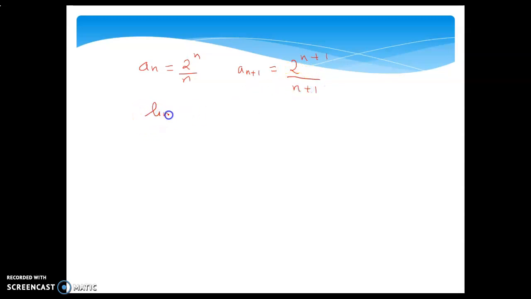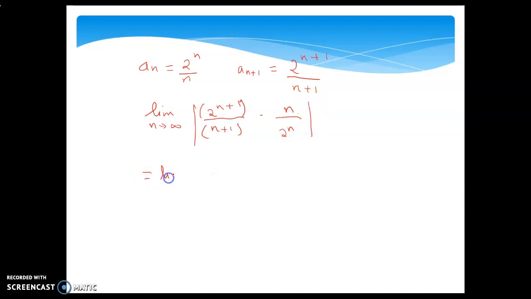So limit as n goes to infinity of 2 raised to the power of n plus 1 over n plus 1, times n over 2 raised to the power of n.